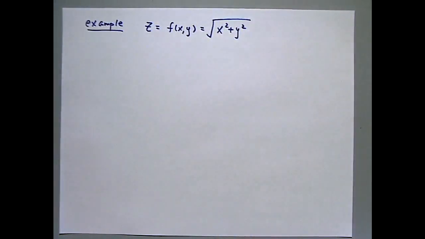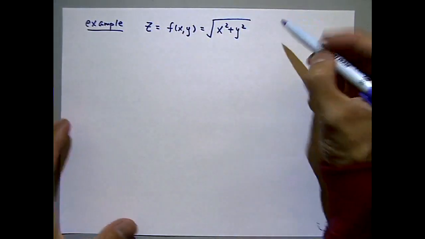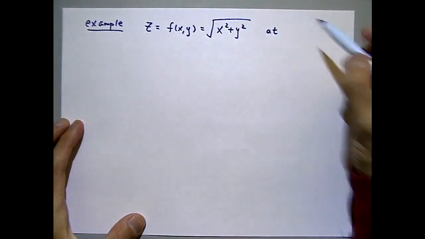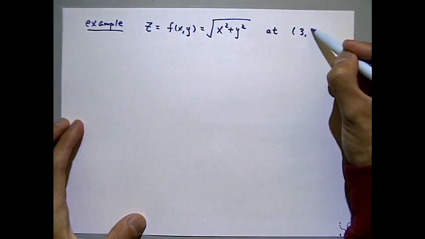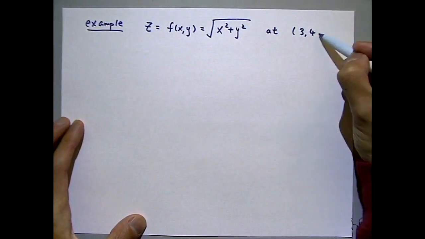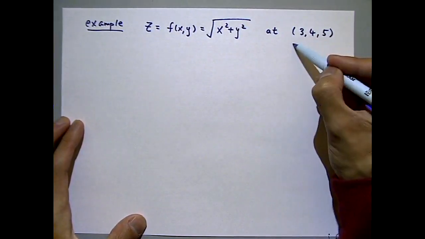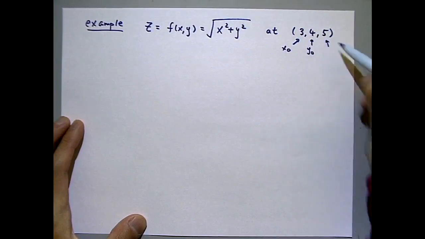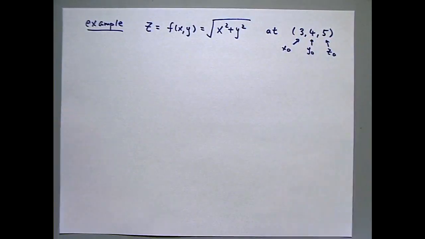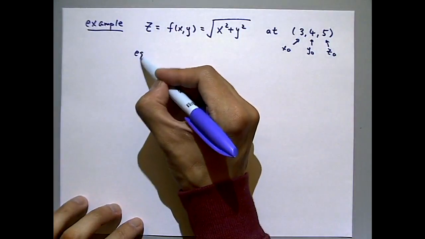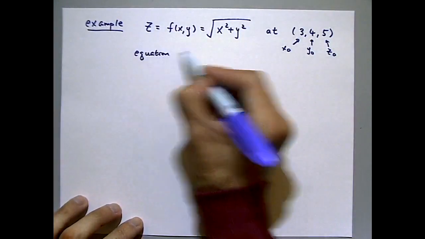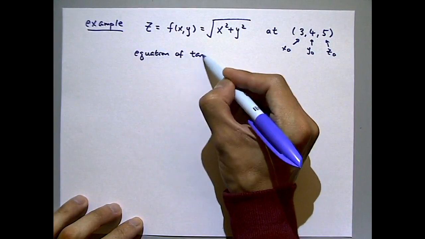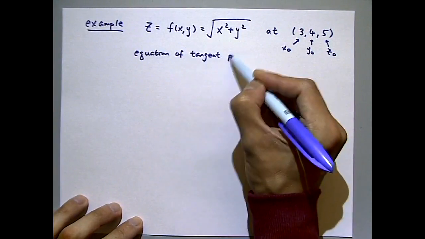It's equal to the square root of x squared plus y squared at the point 3, 4, 5. And we're going to find the equation of the tangent plane.